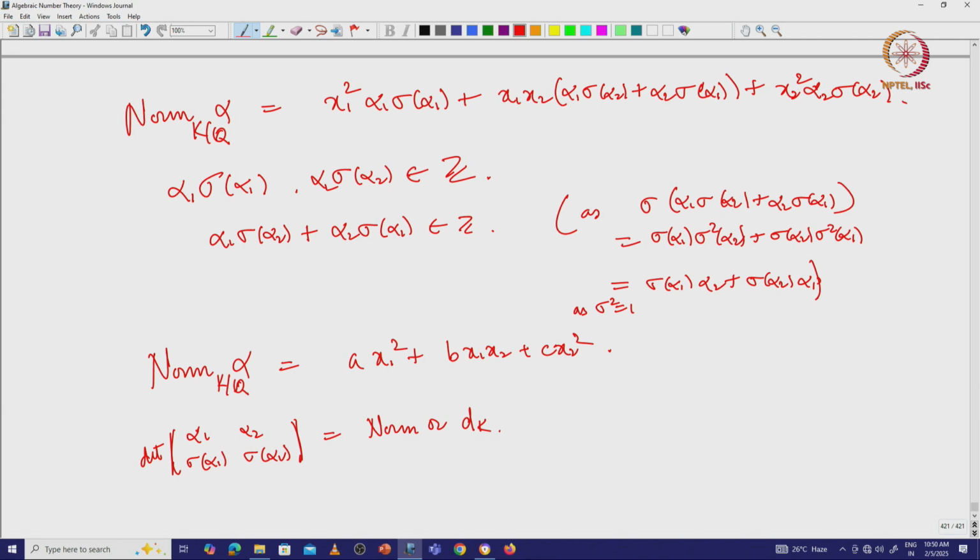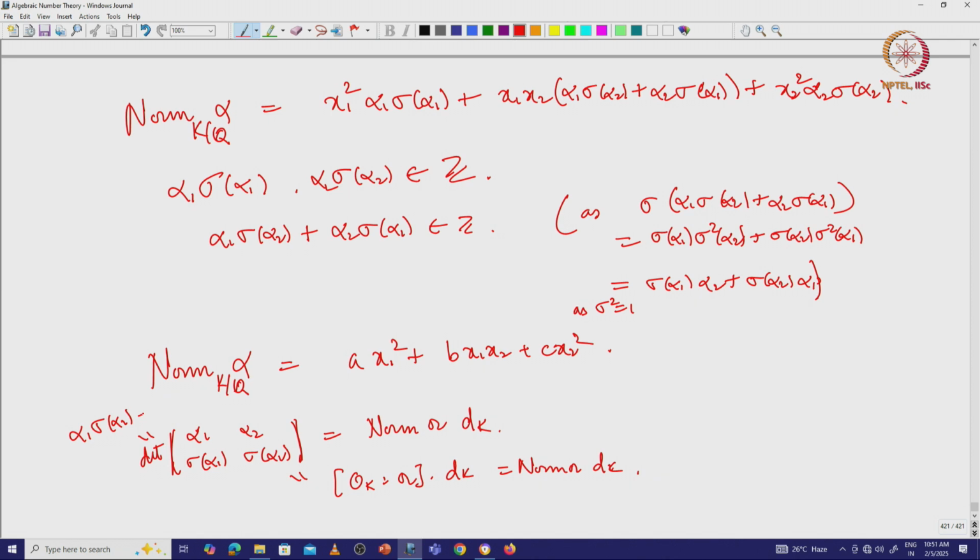Well, this is kind of obvious, because this will be equal to whatever the index of A in OK is times the discriminant, and this index is the norm of A. Okay. But you see this quantity we have already seen at the top of this page. This is alpha 1 sigma alpha 2, well, not quite with the plus sign, but with the minus sign.